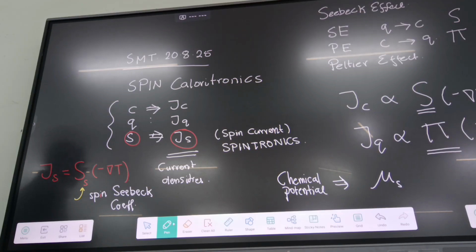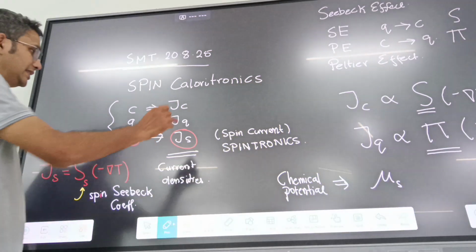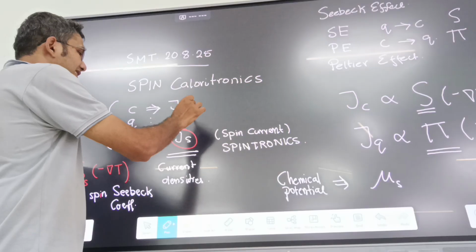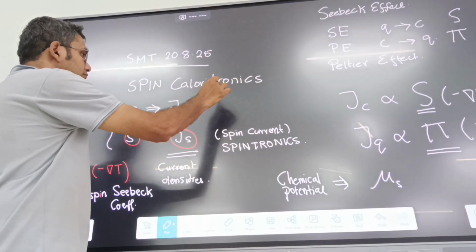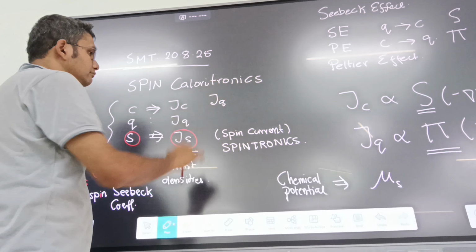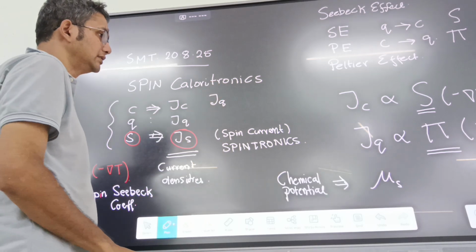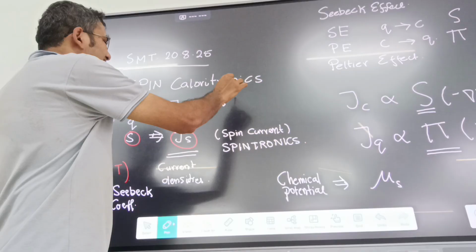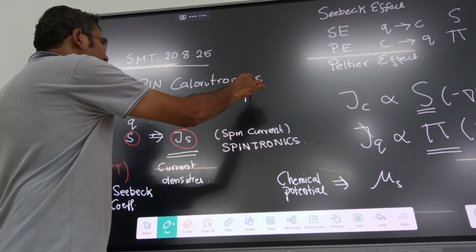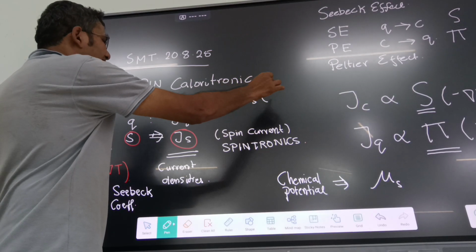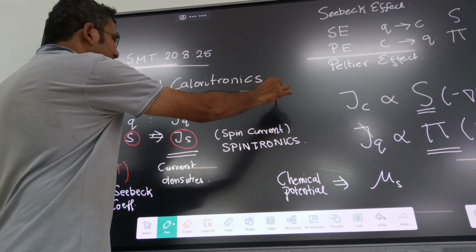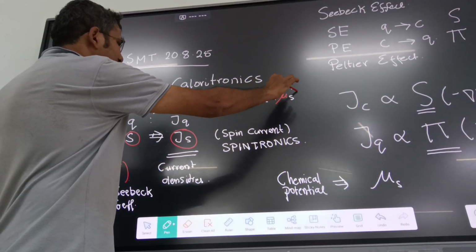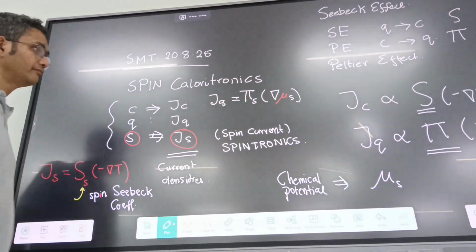What is actually a spin current? How do we define a spin current? That is the question. I'm coming to that. So अभी तुम लोग देखो कि similarly you can also relate JQ with spin current as a change in potential.